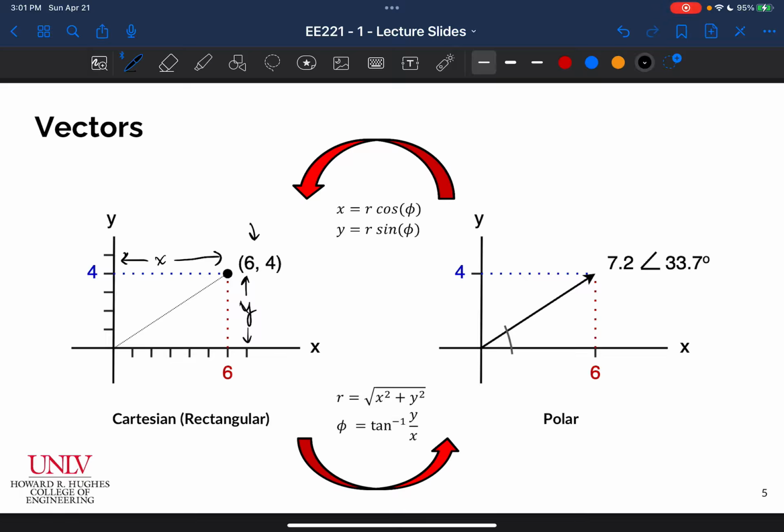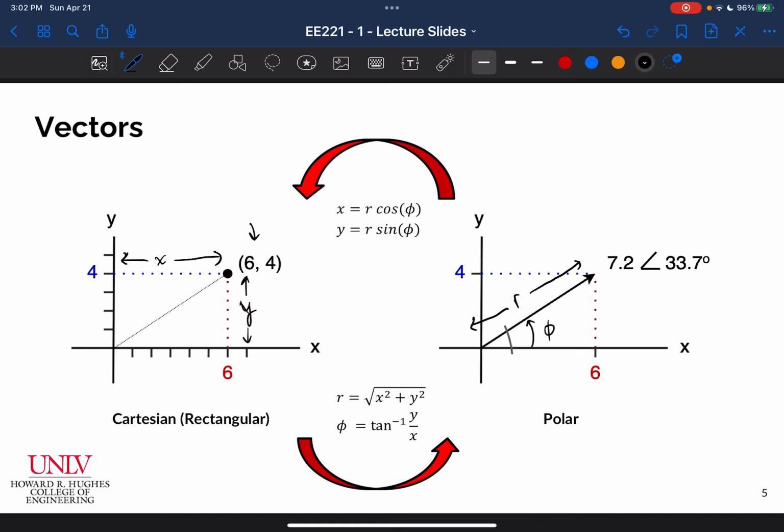And on the right-hand side in polar coordinates, we typically refer to the magnitude of this vector as r, the length of the vector, and then we refer to the angle sometimes as theta. I used phi here, so I'll just start calling it phi. It doesn't really make a difference.